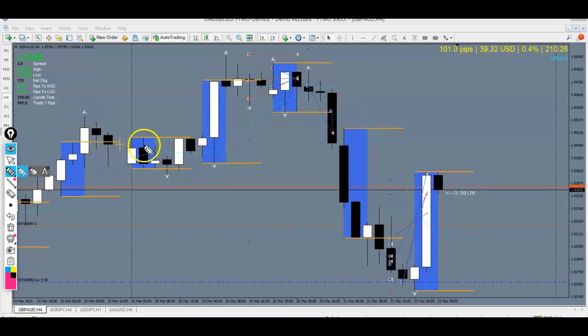So we missed this sell here, and then we also missed this other trade here. But it's more relaxing because you can see, trading on the 4 hours, you don't have to look at the chart every 15 minutes. In a day, you just look at the charts 6 times, as opposed to looking at it so frequently.